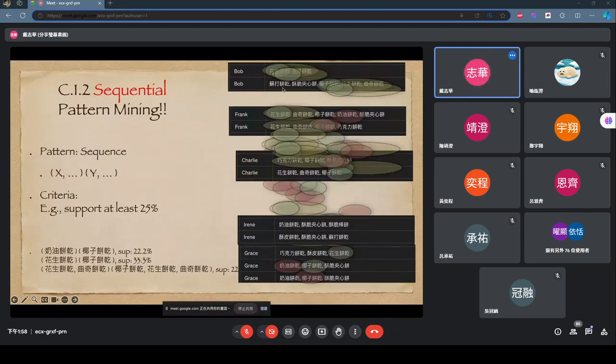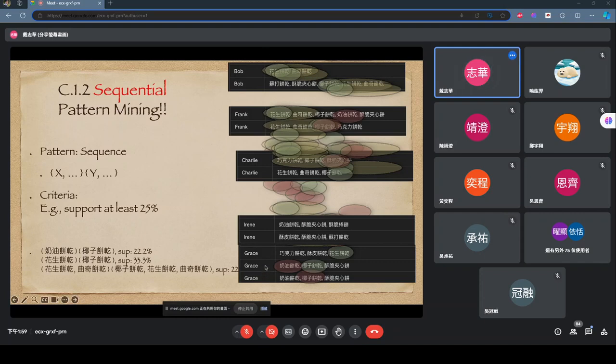Okay. See, Bob takes Pina, and then coconut. Frank takes Pina here, and the coconut here. See? Charlie, no. Aaron takes, no. Grace, okay, Grace takes Pina here, and then in the next transaction, it takes coconut.